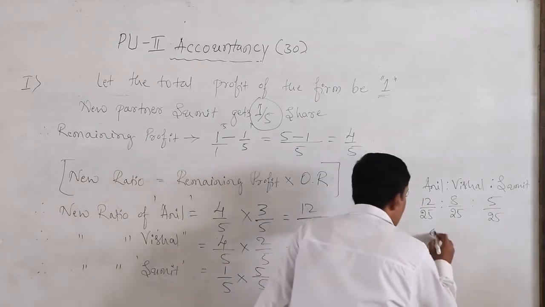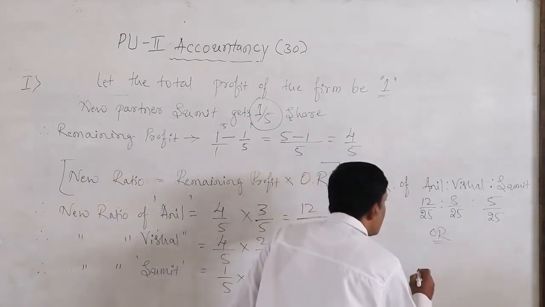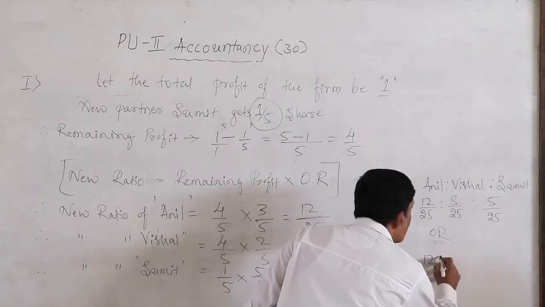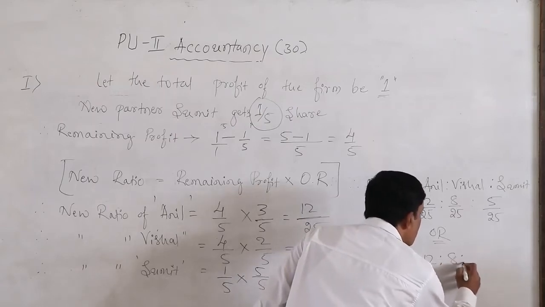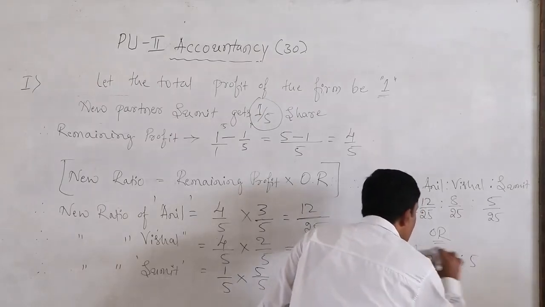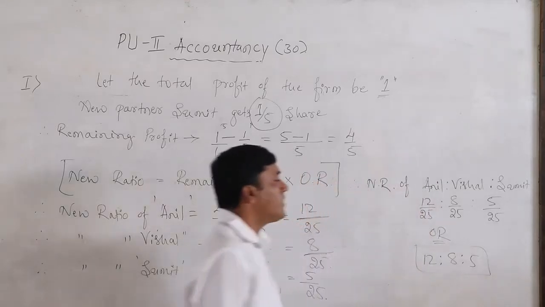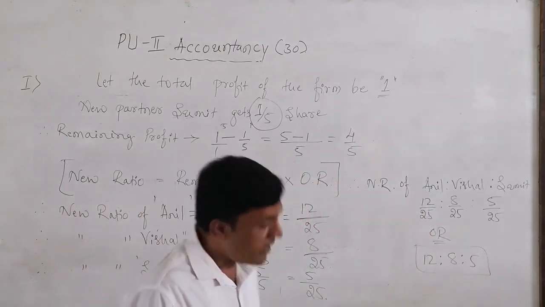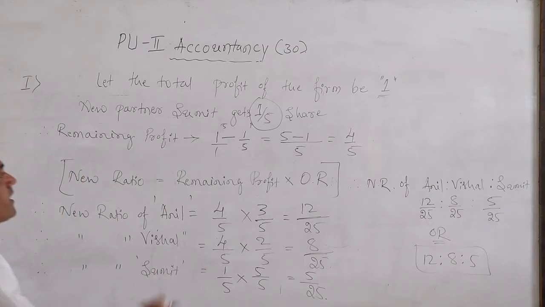Or you can say the new ratio is 12 is to 8 is to 5. This is the new ratio of all the partners. So the answer is 12 is to 8 is to 5.